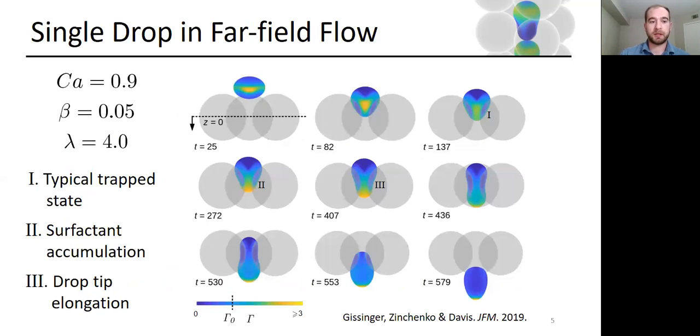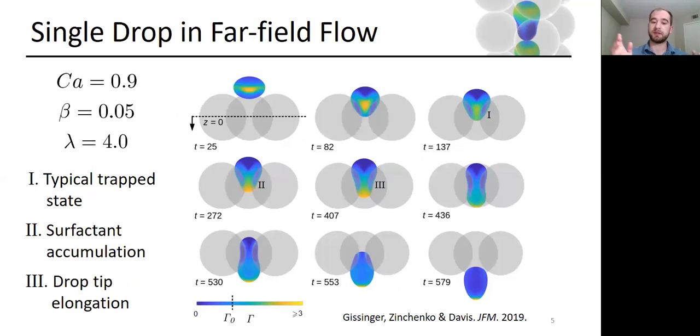So briefly, here's some more previous results for a single drop embedded in a far-field flow approaching a single constriction. In this case, the drop flows slower than the carrier fluid and much slower as it becomes lodged in this constriction. And as you can see, it forms what would be a typical trap state if this were a clean drop.